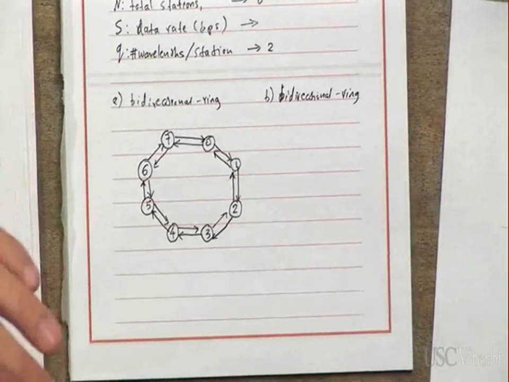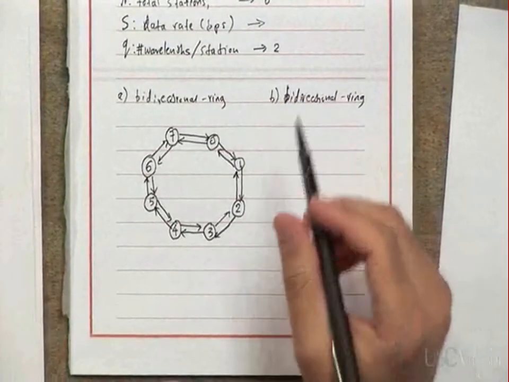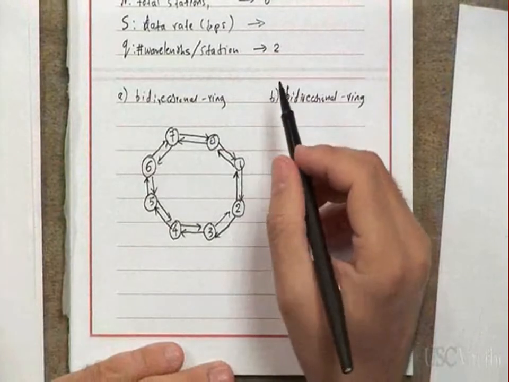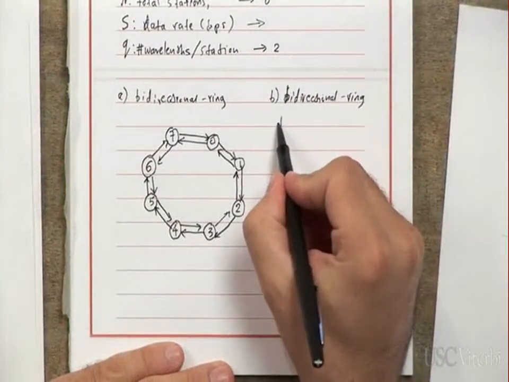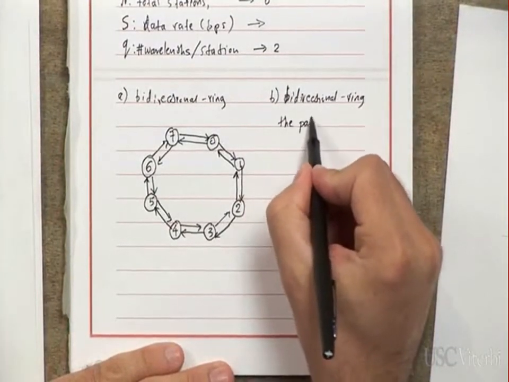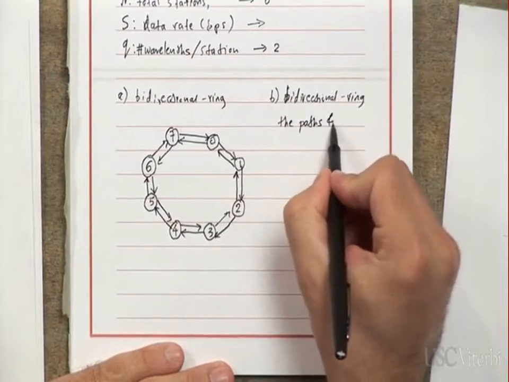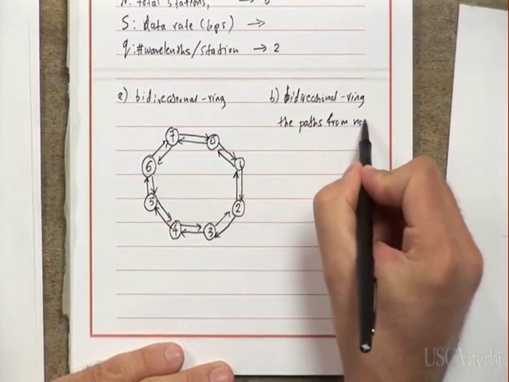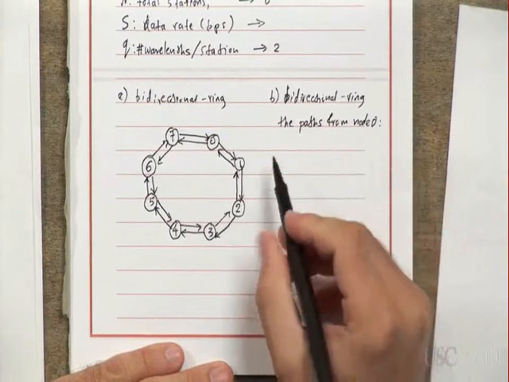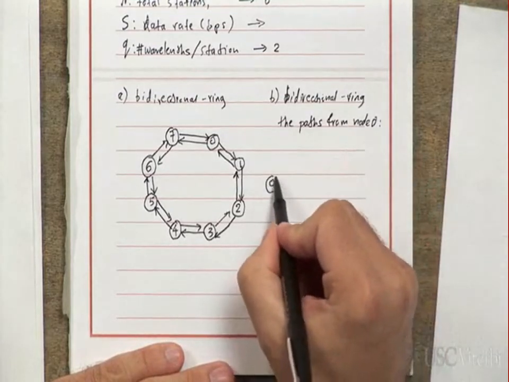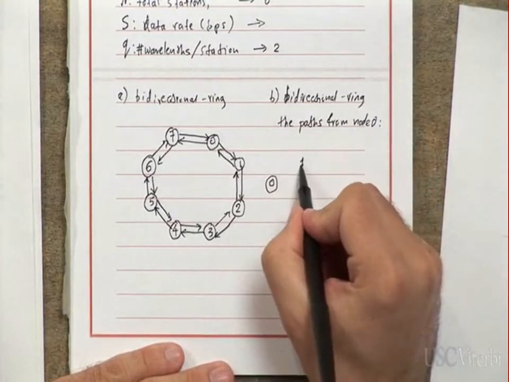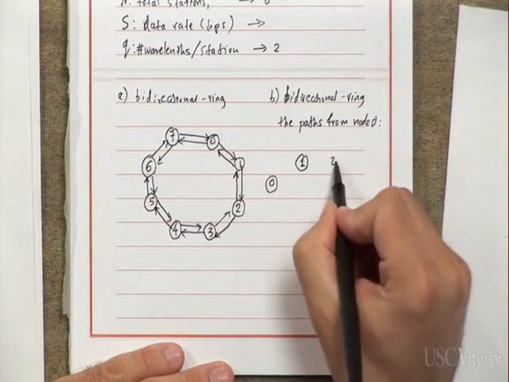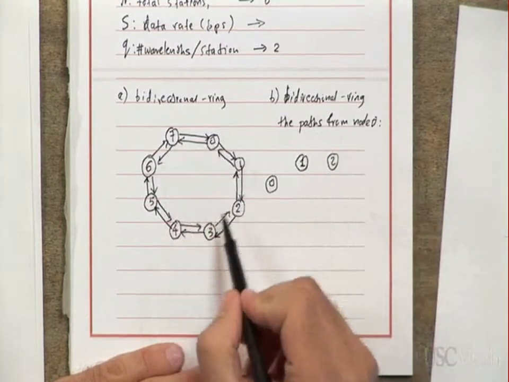We have 2 cases, right? So the paths from node 0: we have all the possibilities.